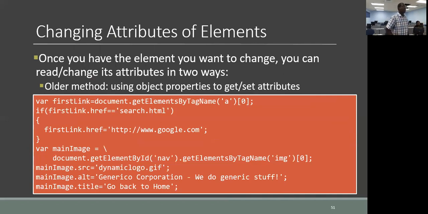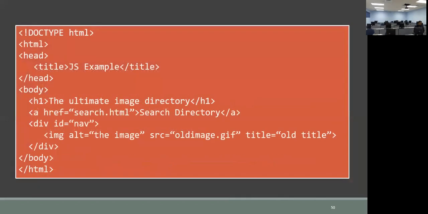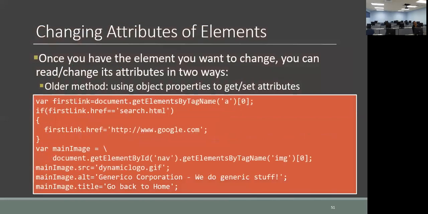Here we have an example where we want to actually change the attribute values for this HTML document. The original values: we have the image, the alt, the source, and the title. Alt is the image, title is full title. We can change this by getting the element by ID, which is nav.